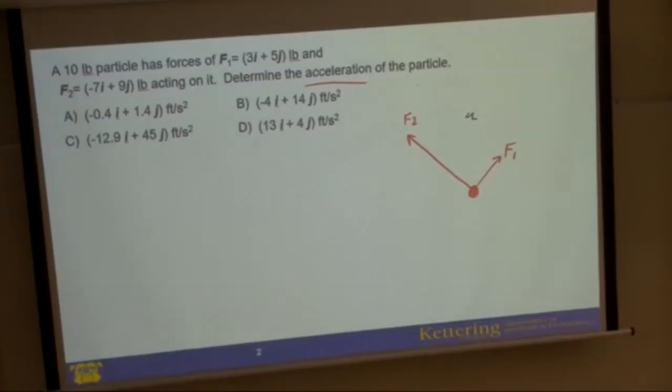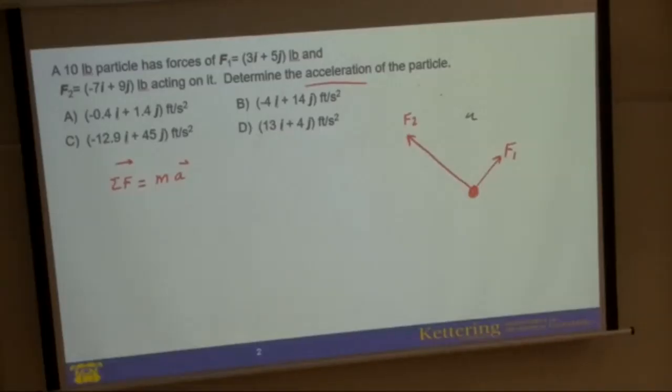To find the acceleration, we need to use the equation of motion, sigma F equals ma. This is the vector form of the equation. The left-hand side is a vector: the summation of the vector of all external forces equals mass multiplied by acceleration.